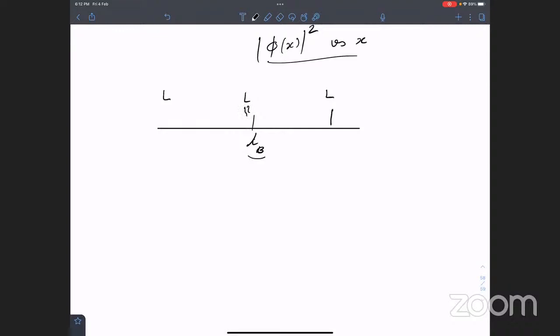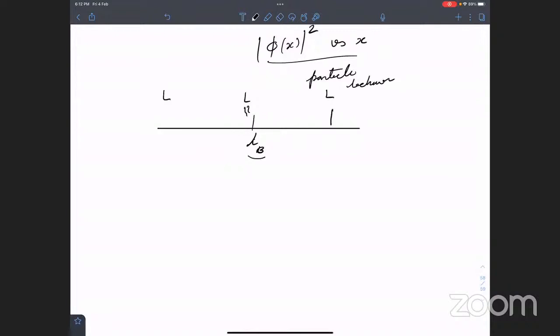If it is much larger than the de Broglie wavelength, then here we have particle behavior.